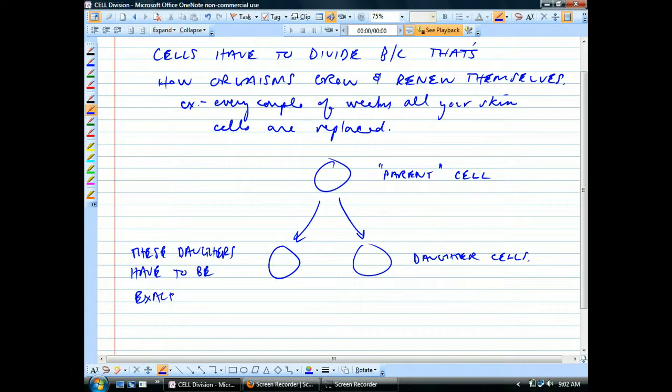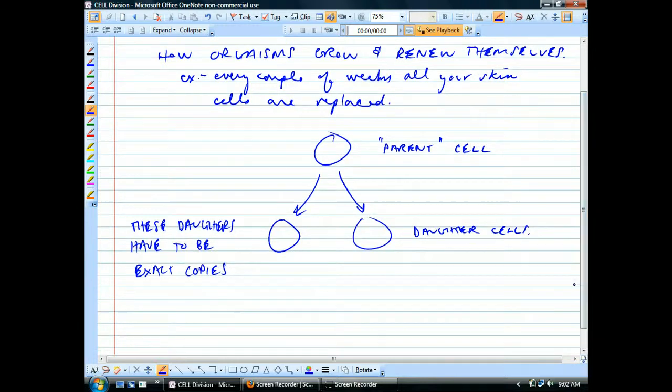You might have ears sprouting out of your hand or something like that over time. In other words, you want to replace a skin cell with a skin cell, not a blood cell or a bone marrow cell or a cell from your eye. So they have to be exact copies. Now, what that means is copied DNA.